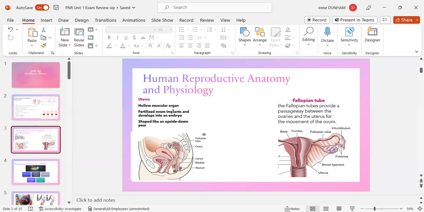Okay, so you can see the uterus there, and the uterus looks like an upside down pear. You know, you go to the store and look at the pears. Just take a pear and put it upside down. Sure enough, because there's the cervix, and then you've got your fallopian tubes, and your bladder and the rectum. So that's basically your reproductive anatomy and physiology.